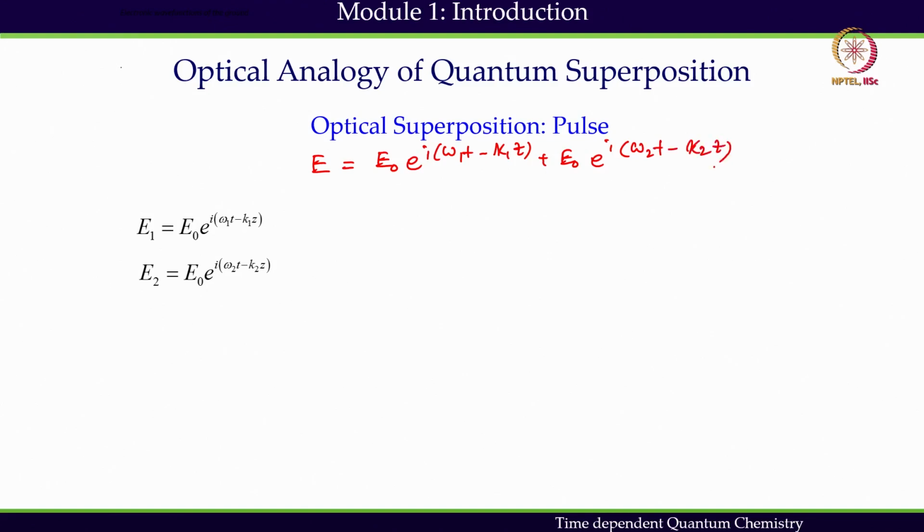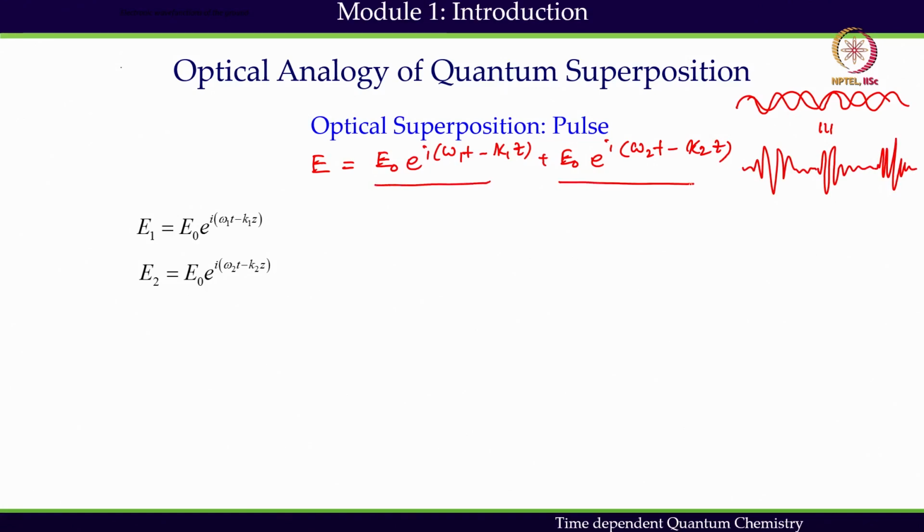Two plane waves propagating along the same direction, but with slightly different frequency, and we ask how the total electric field is changing. So this is equivalent to creating a pulse like this.